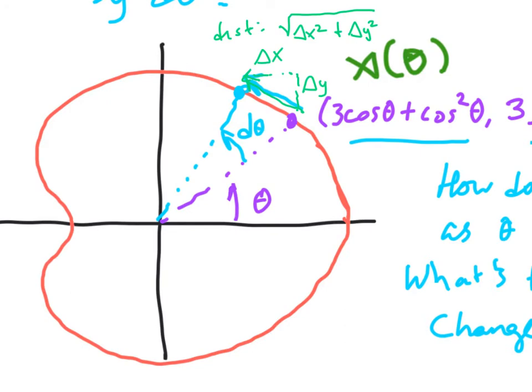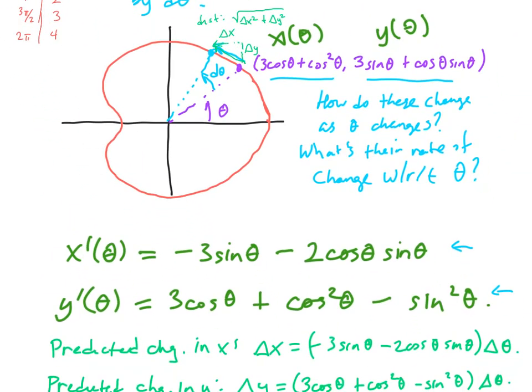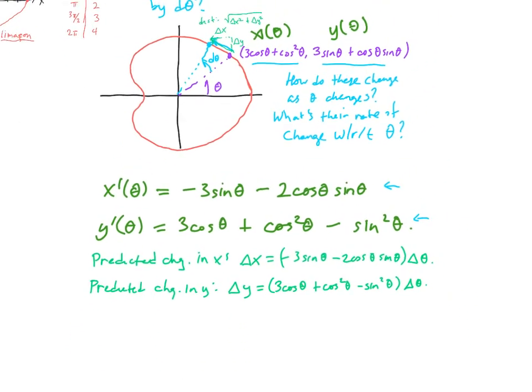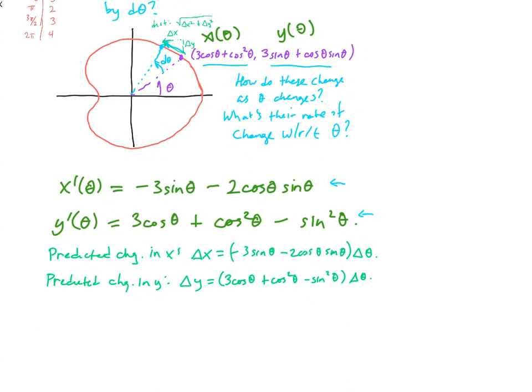So taking that principle and applying it to this problem, see if I can get all that in one frame there. I'm constantly amazed at how much I can get into one frame if I zoom out enough. Anyway, so my distance for a small change in theta is going to be the square root of some real nastiness here. Now, I'm not going to lie, this is going to be really gross.